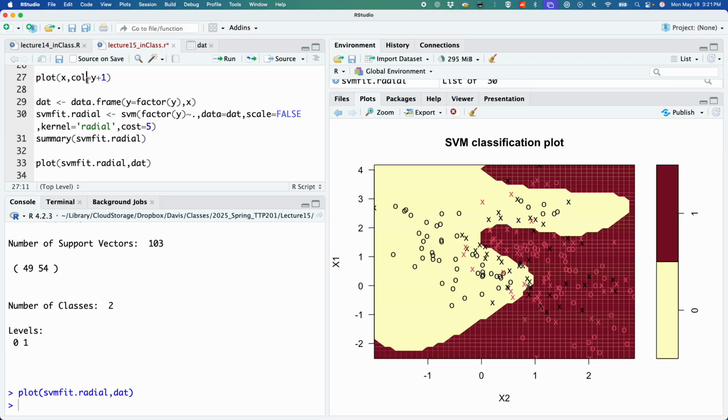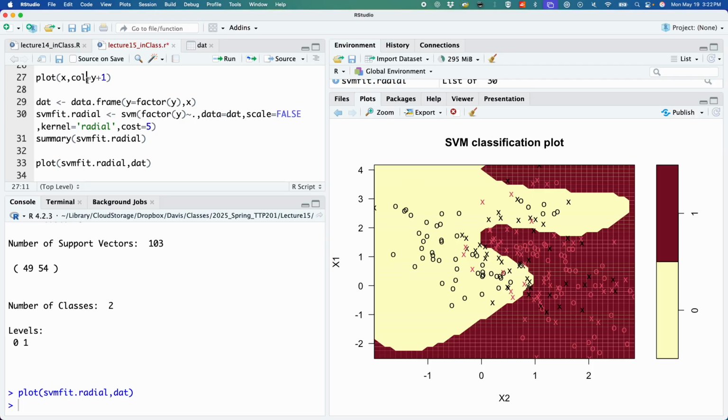I would classify all points in yellow as 0 and all points in red as 1. The color of the points are the actual points. If it's black, that means the value is 0, and if it's red, the value of the point is actually 1. The difference between the circles and the X's is that the X's are the support vectors for your hyperplane.